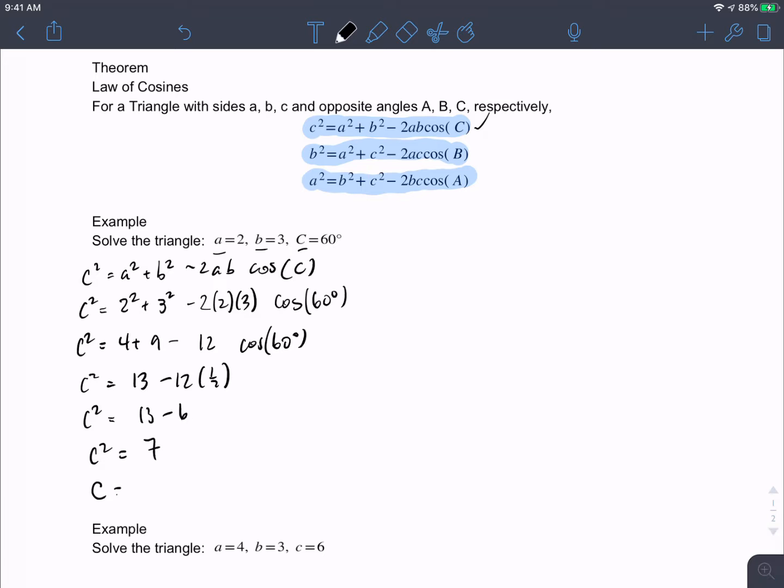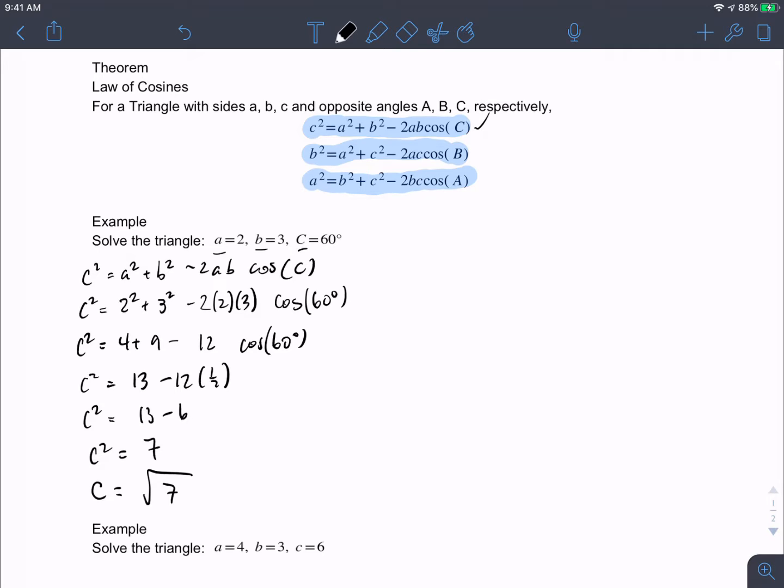So C is equal to the square root of 7, and of course, since it's a side, a distance, we don't have to worry about the negative because we're only in the positive.